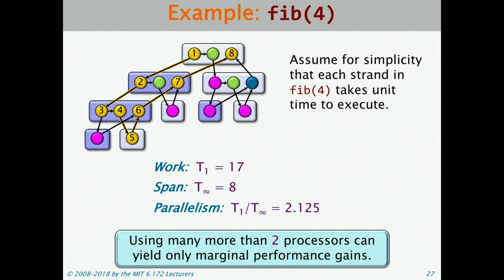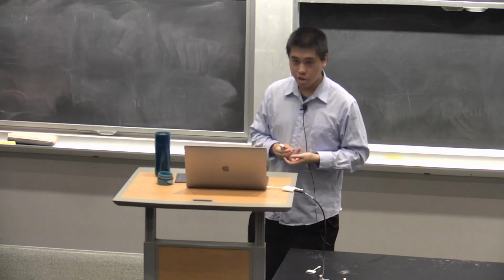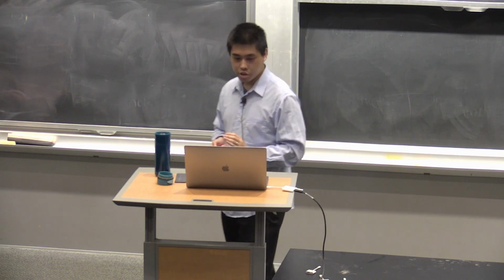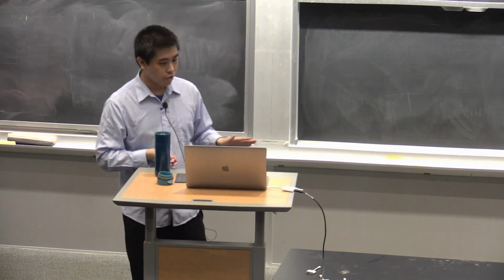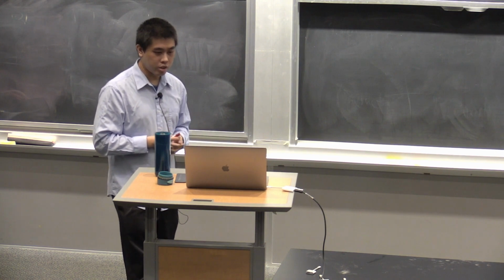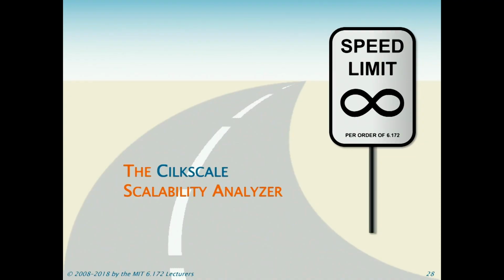Okay, so to figure out how much parallelism is in your computation, you need to analyze the work of your computation and the span of your computation, and then take the ratio between the two quantities. But for large computations, it's actually pretty tedious to analyze this by hand. You don't want to draw these things out by hand for a very large computation. And fortunately, Cilk has a tool called the Cilkscale Scalability Analyzer.